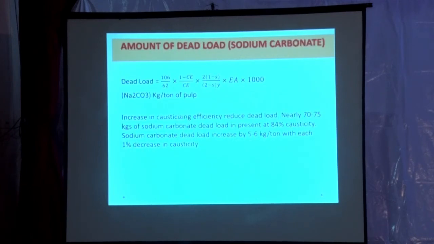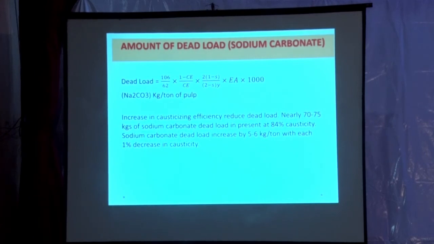And how can you calculate how much dead load, how much carbonate is in your system? There is a simple formula. You have 106, the molecular weight of carbonate, and 62, the molecular weight of your active alkali. C is your caustic efficiency, S is your sulfidity, and Y is your pulp yield. And EA is the effective alkali you are using in pulping, 15%, 20%, whatever it is. You can calculate how much carbonate you are recirculating in your system.